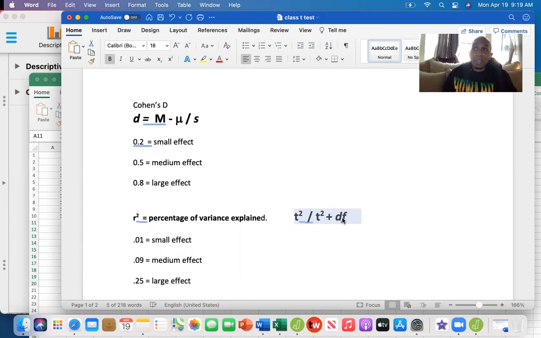I'm also going to take us on a bit of a journey through a definitional formula of R squared, where I'm going to show you how we're able to pull the effect size and then compute the sum of squares without the treatment effect. We can consider a treatment effect just the difference between the two means.